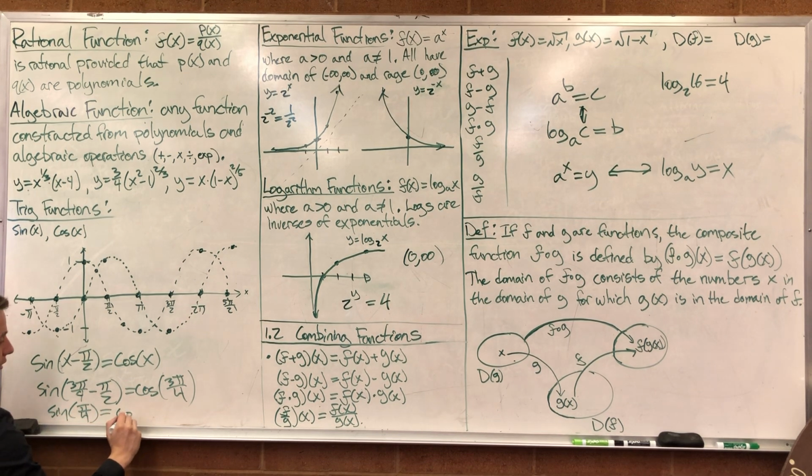Is that equal to cosine of 3 pi fourths? No, cosine of 3 pi fourths, the x coordinate is negative. So no, that one doesn't work. So that would shove it forward, but then they would meet, but then they go off. So that's taking the sine function, shoving it back by pi halves, which they would meet on zero. Seems like it should work.